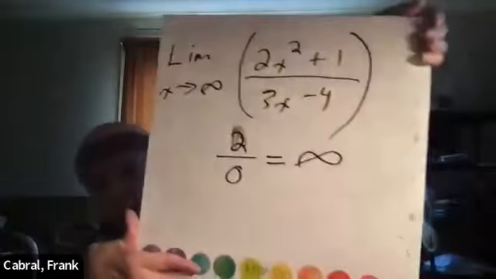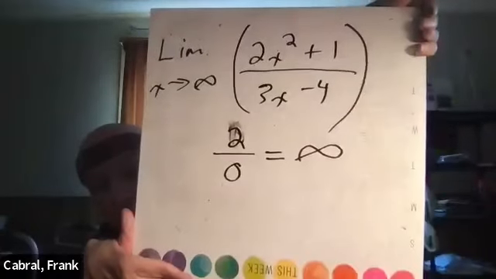2 over 0. So when you multiply through by 1 over x squared, you end up with 2 over 0. What does that mean?